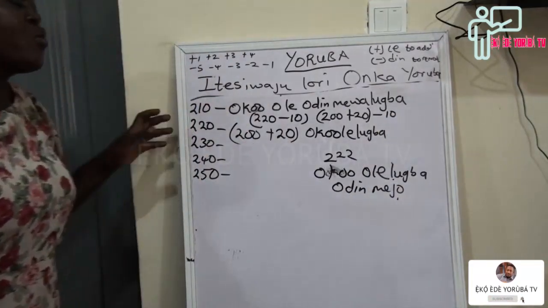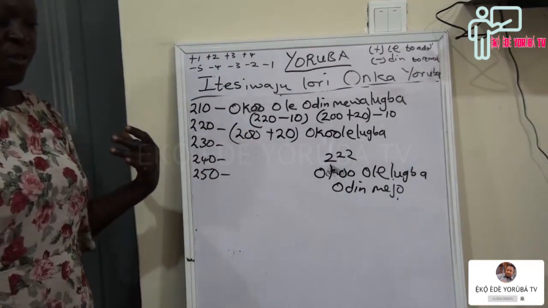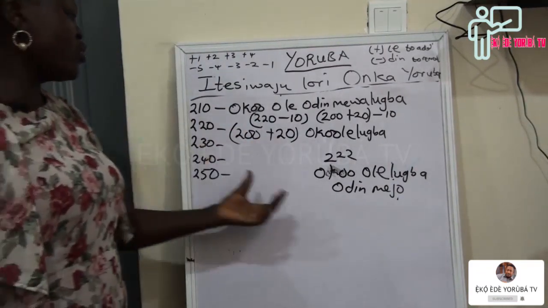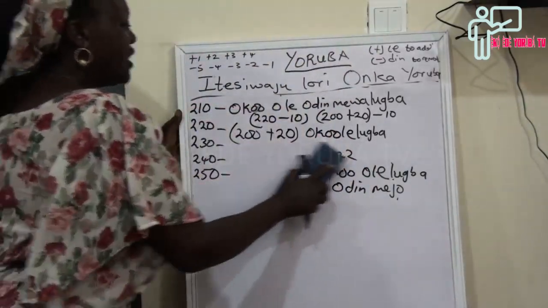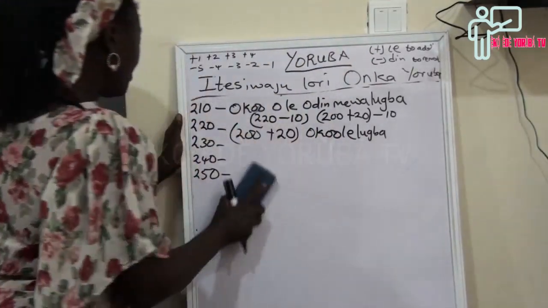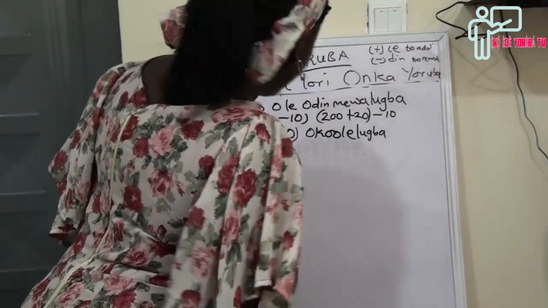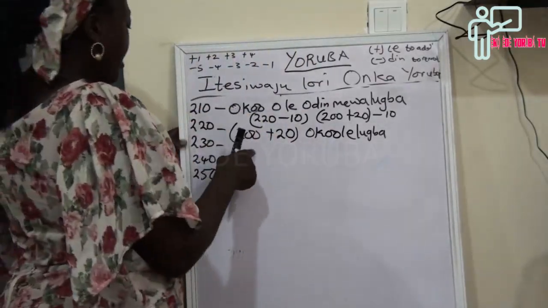So it's different from the way that we have been writing it before. That is how we are going to be writing it. That is 222.